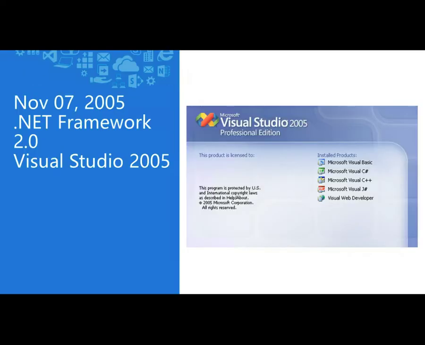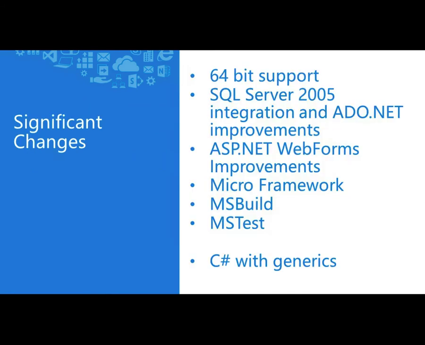In year 2005, before shipping Windows Vista, Microsoft created a major upgrade for .NET Framework, and also Visual Studio 2005, a very good experience. So for the first time, 64-bit support, better integration with SQL, and Web Forms gets some upgrade.